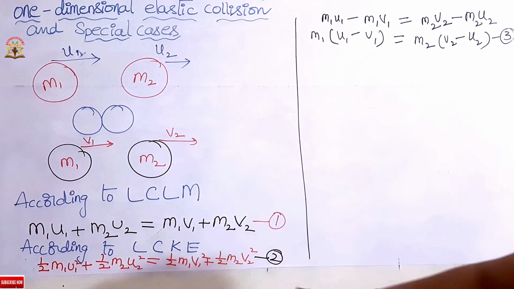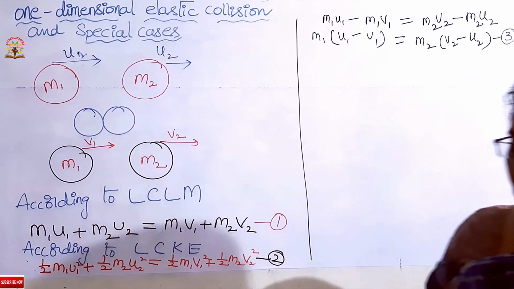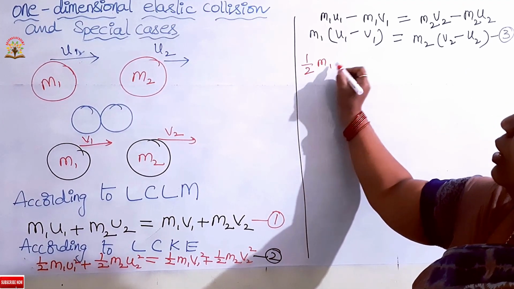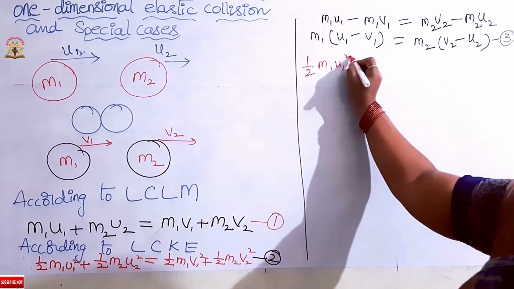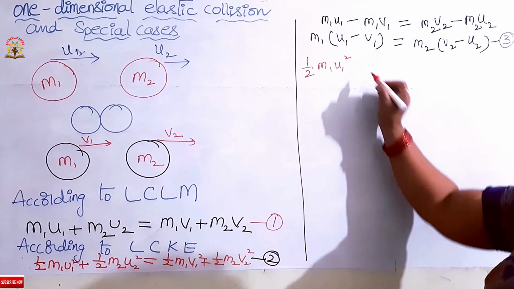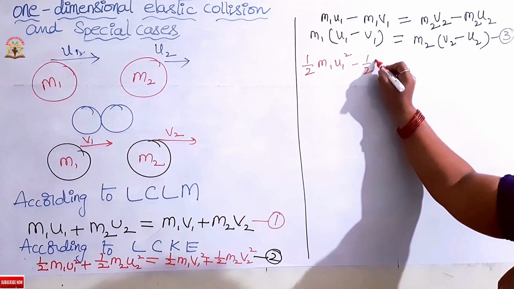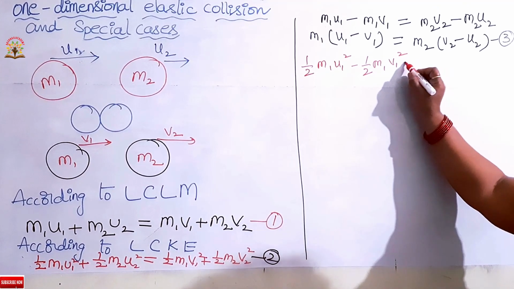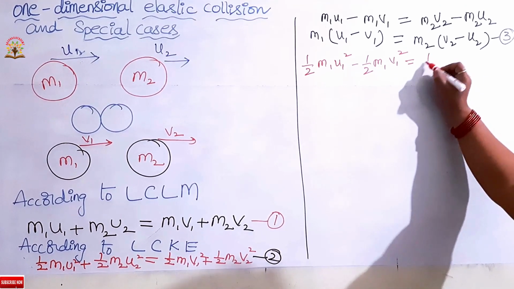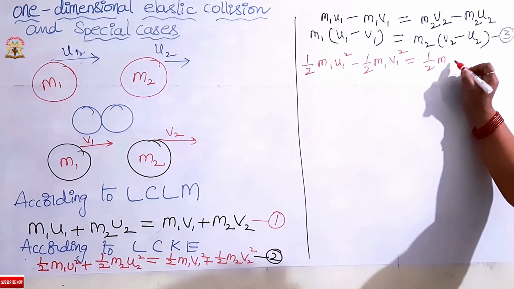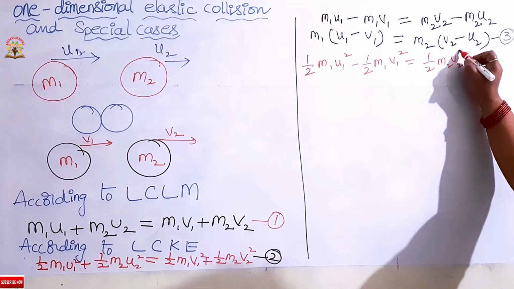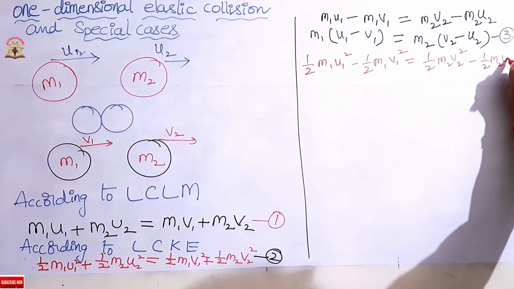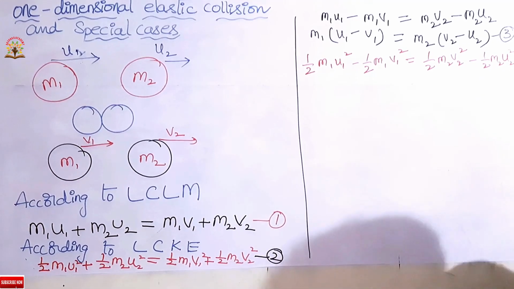Next, from the second equation, we are writing half m1 u1 square minus half m1 v1 square is equal to half m2 v2 square minus half m2 u2 square.